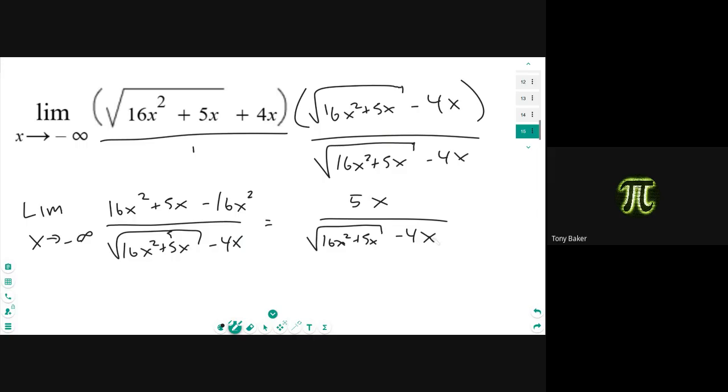So I'm going to divide everything by what? By x. So divide everything by x, which in essence is in here as x squared.